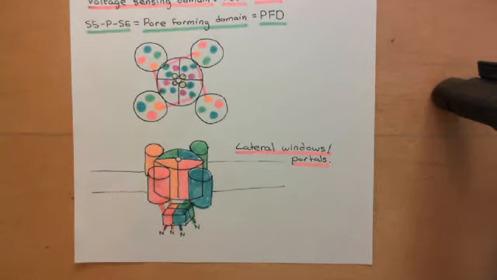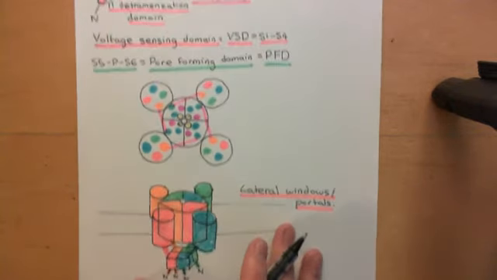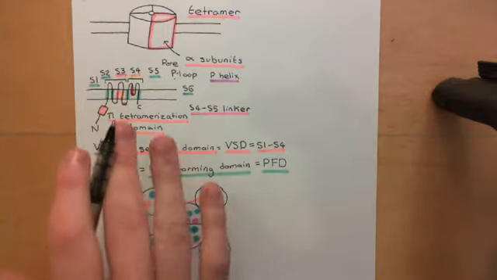Okay, so welcome back to this next video in which we are discussing voltage-gated ion channels. We're in the process of discussing voltage-gated potassium channels in more detail. We've seen how voltage-gated potassium channels are constructed out of 4 alpha subunits, and we've looked in detail at the structure of an alpha subunit.